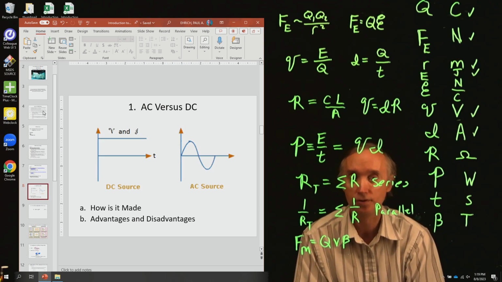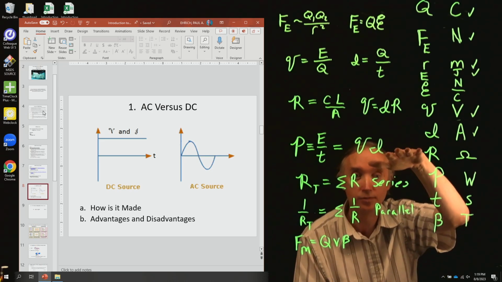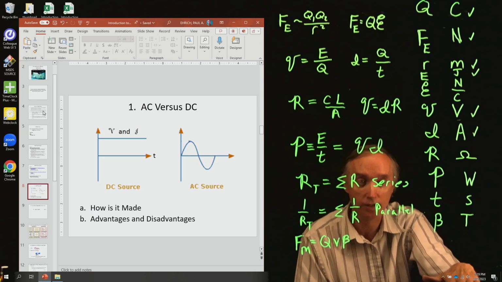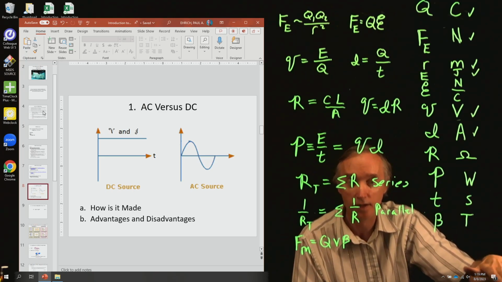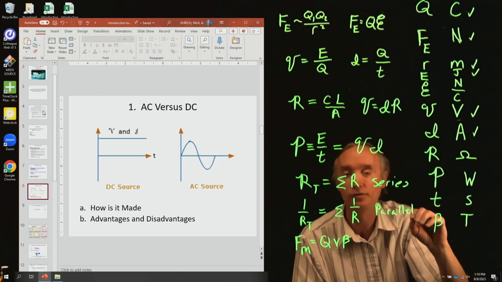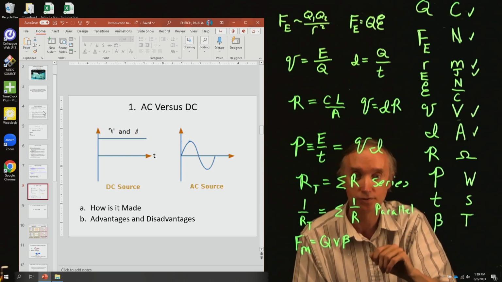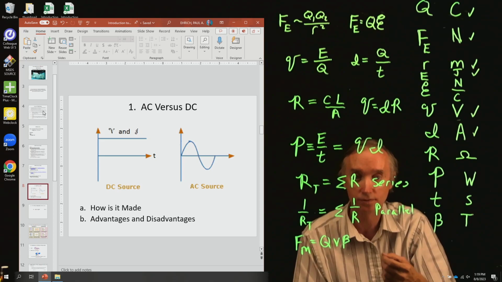So the voltage and the current sometimes get large, sometimes they get positive, sometimes they get negative again. And they're doing it at a certain frequency. Normally the frequency is 60 hertz. We'll talk more about what we mean by frequency in the next series of lessons.